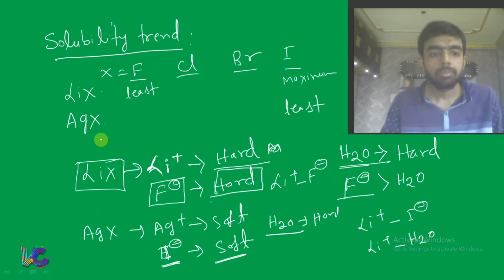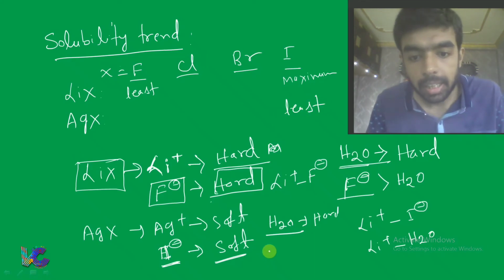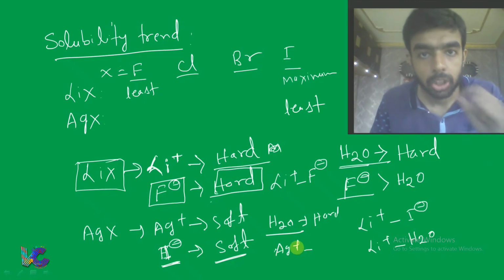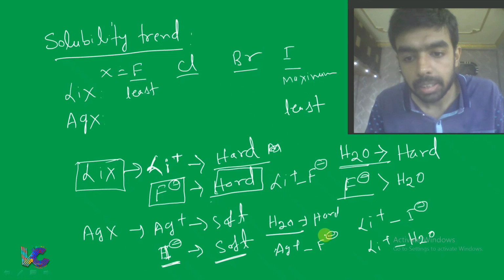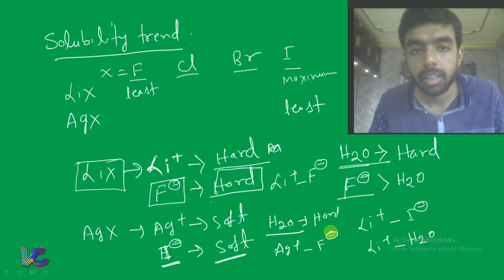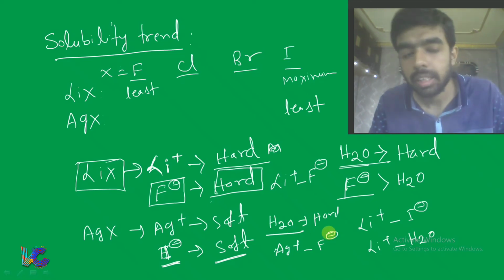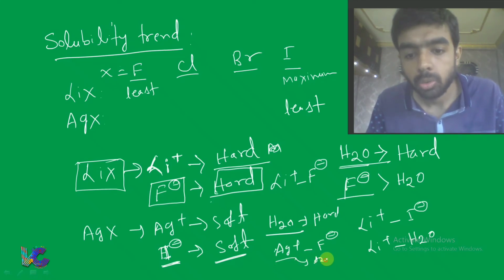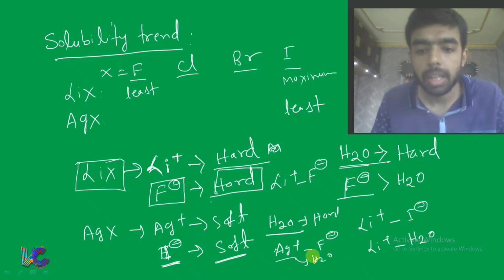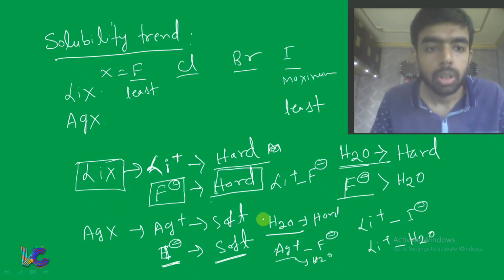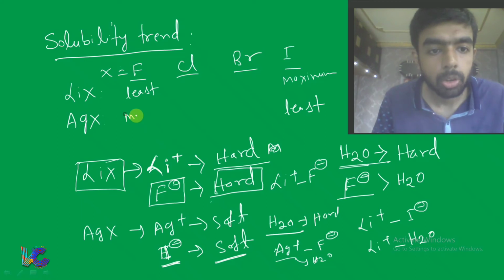But if you see AgF, then Ag+ is very soft, but F- is hard, H2O is also hard, but F- is harder than H2O. That means Ag+ will combine with H2O. As Ag+ is combining with H2O, AgF will have maximum solubility.